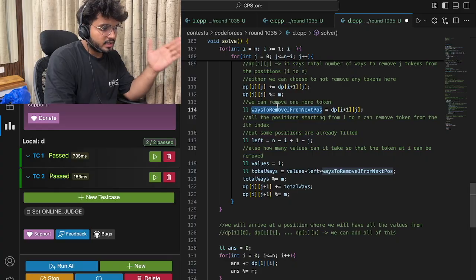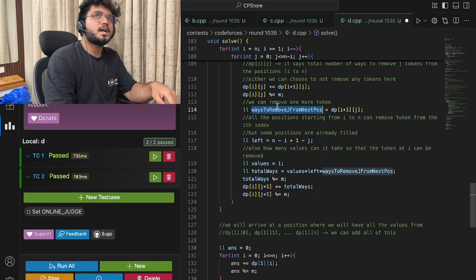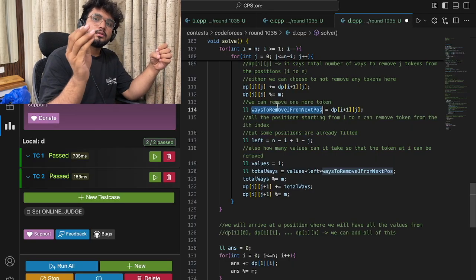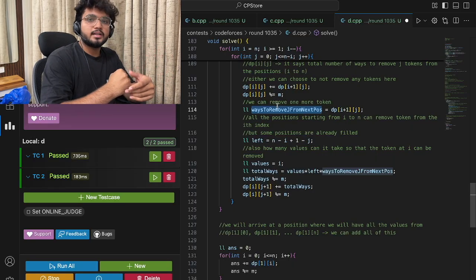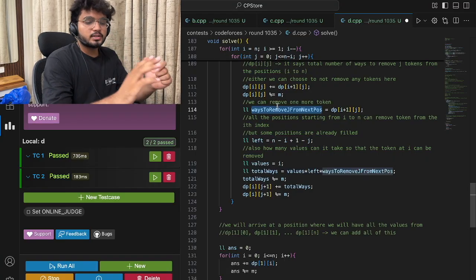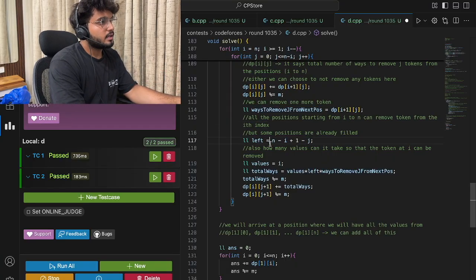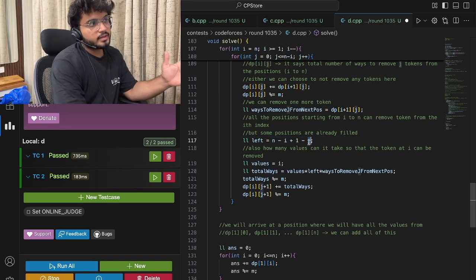We'll see what positions can remove the current token. How can we check that? We'll see how many positions are left and how many tokens are already removed. Those positions are not available, right? So the total number of available positions is n minus i plus 1 minus the tokens already eaten.